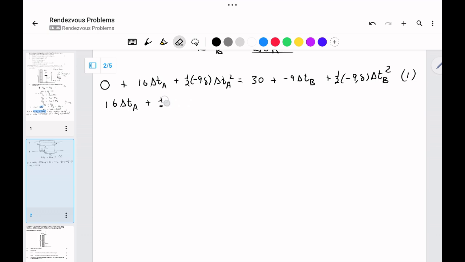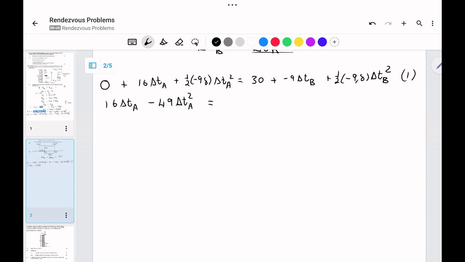Actually, let's do a little bit of simplification now, because this equation is becoming an eyesore. So 1/2 times minus 9.8 is minus 4.9. So what I will write over here is minus 4.9 delta TA squared.